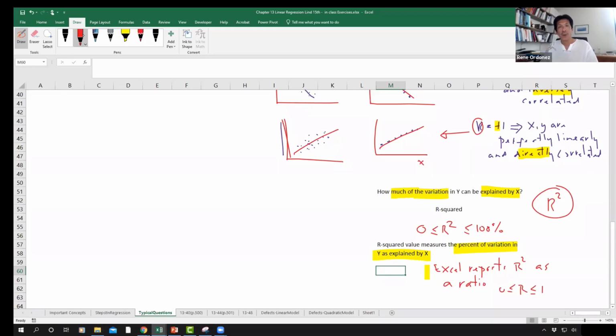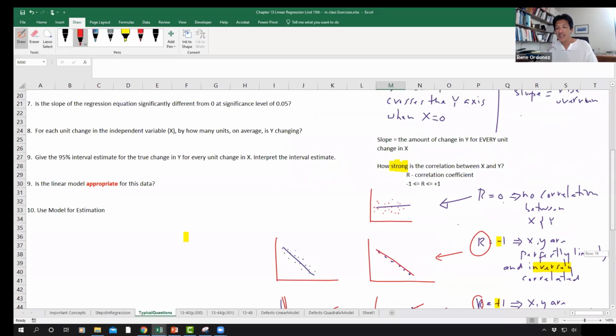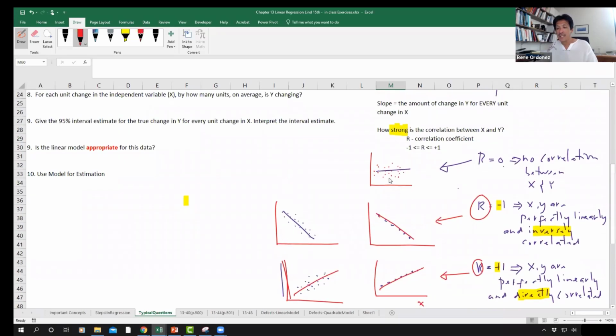If you're given a ratio, you can easily convert that into percent by multiplying it by 100 if you're doing it by hand, or if you are using Excel, you can use the percent format to convert a ratio into percent. All right. Now let's go back to these three examples.